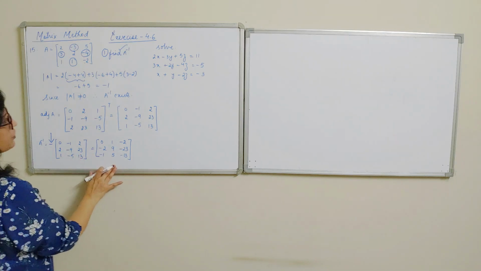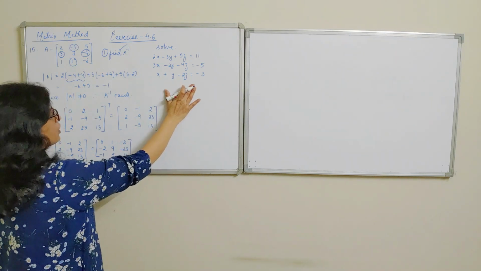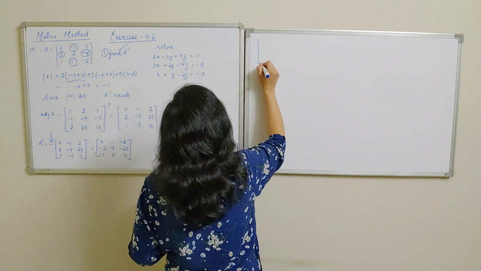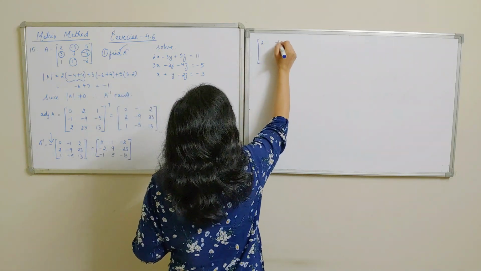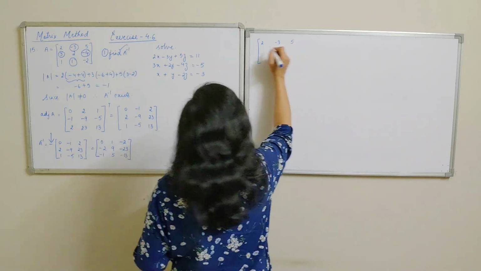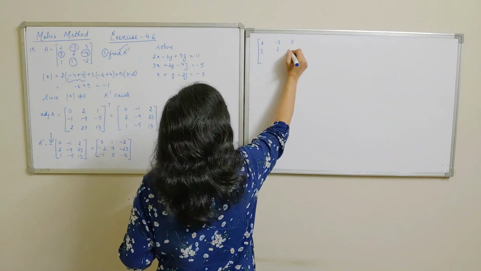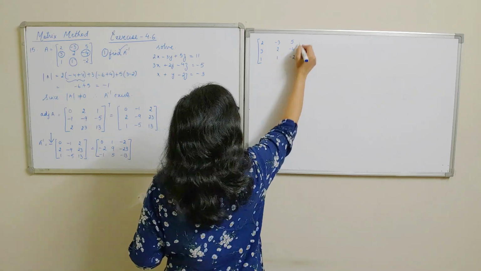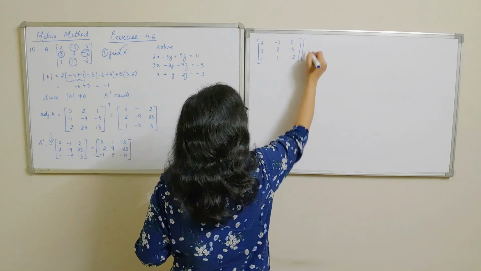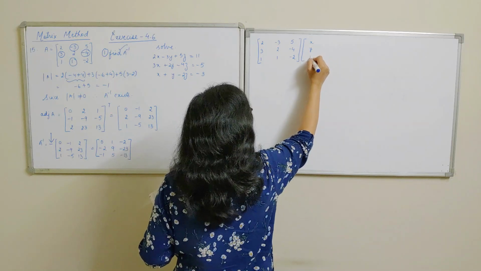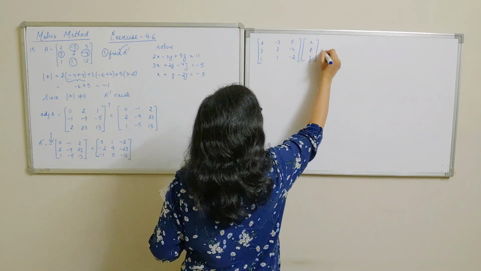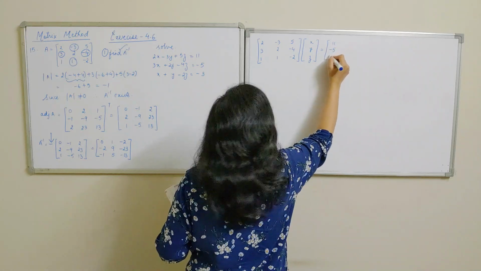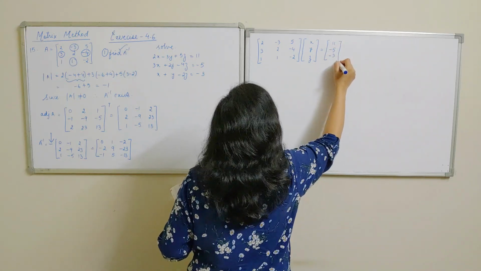Now we'll use this A inverse to solve the equations. I'm solving the equations here, converting the equations to matrix notation first. 2, minus 3, 5, 3, 2, minus 4, 1, 1, minus 2, times x, y, z, equals constants 11, minus 5, minus 3.